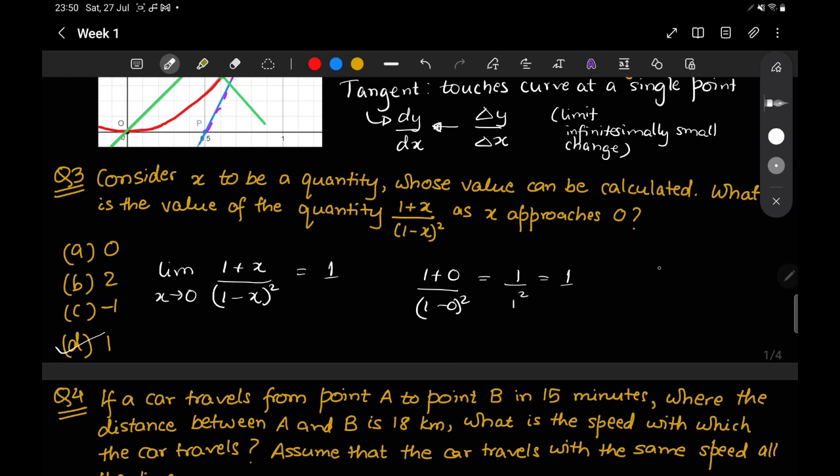Notice that if this limit was x tending to 1, then the denominator will become 0, and the whole thing will blow up to infinity.